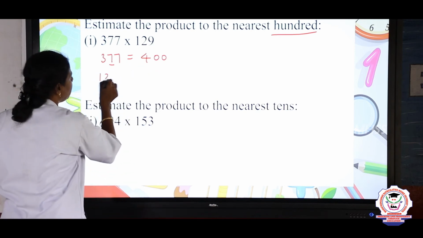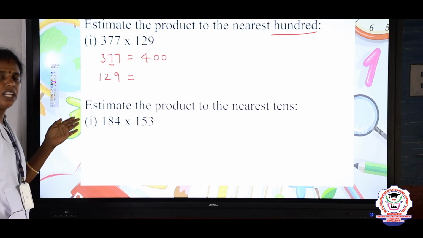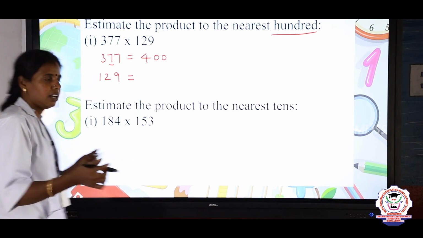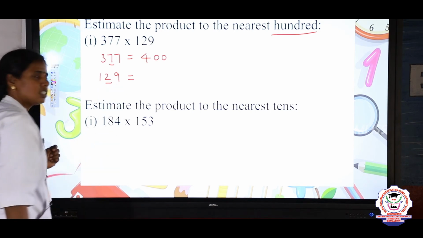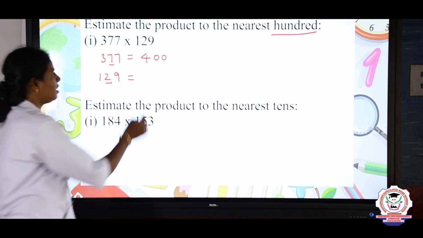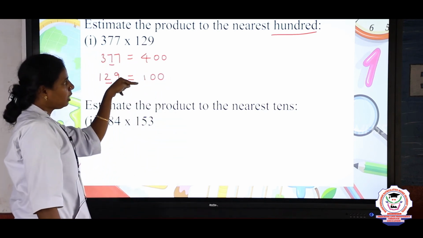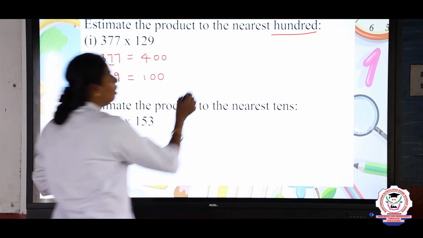The next is 129. 129 will lie between 100 and 200. In the tens place the number is 2, which is less than 5. So the nearest 100 is the one before, which is 100. Now we are going to find the product of 400 into 100.